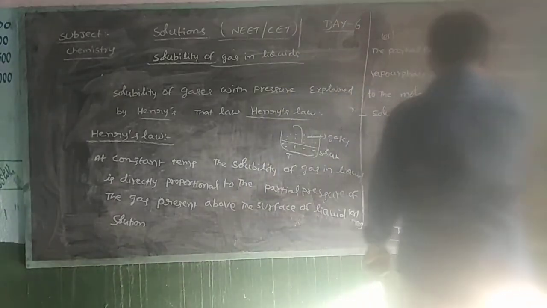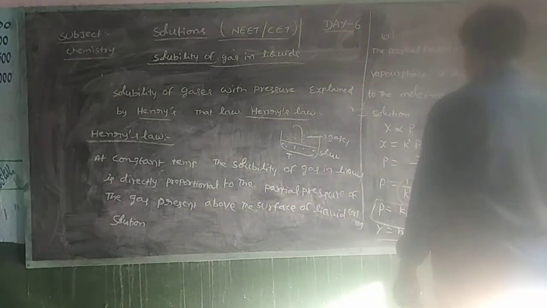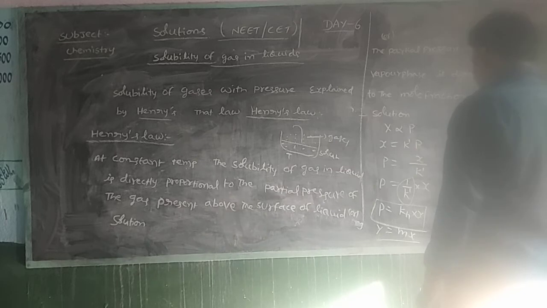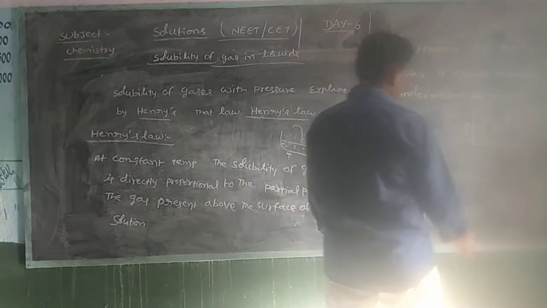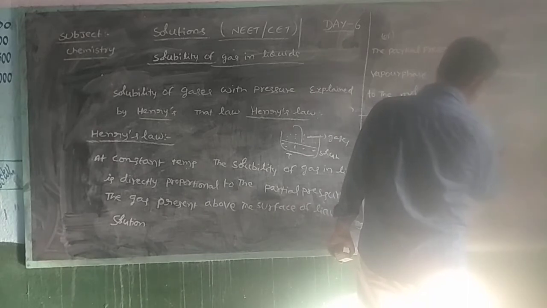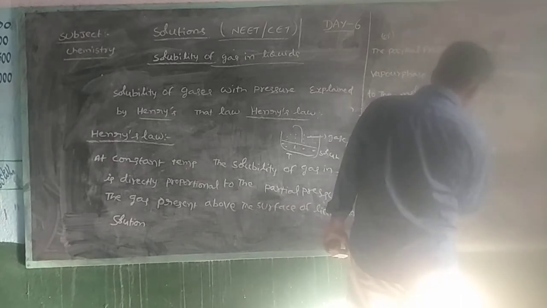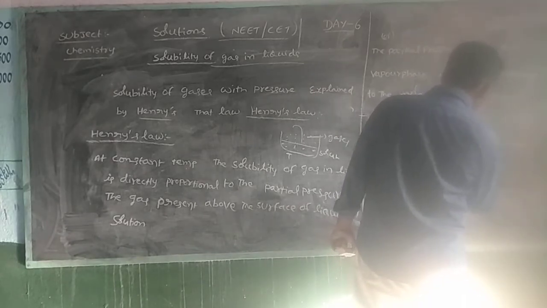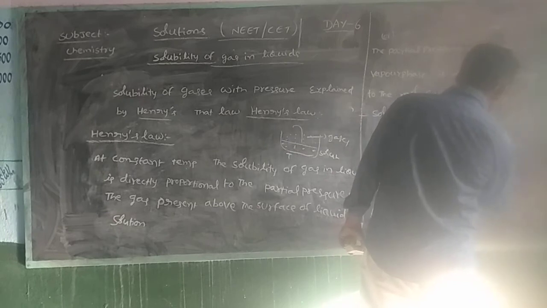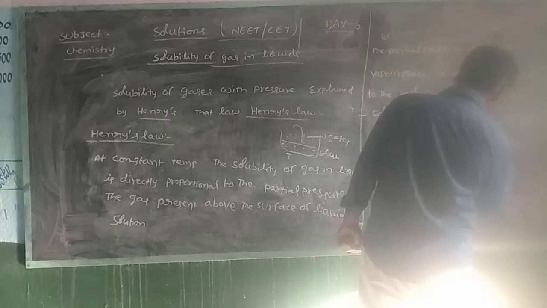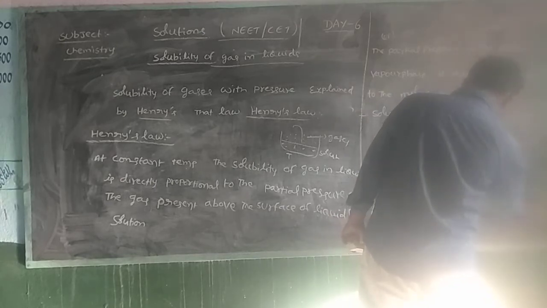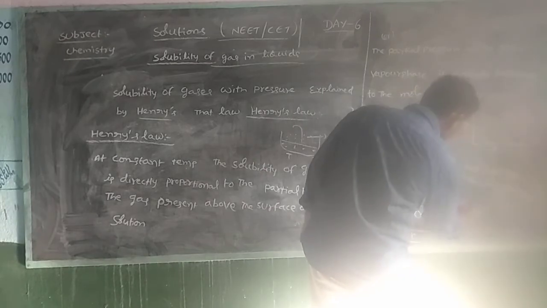We take the y axis as partial pressure and the x axis as the mole fraction. P means partial pressure, x means mole fraction, and KH means Henry's law constant.